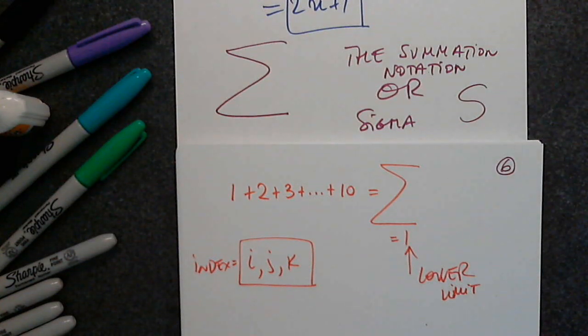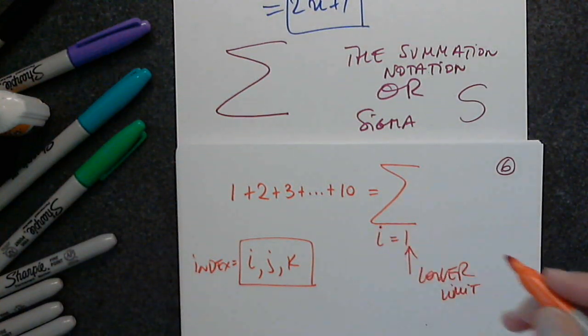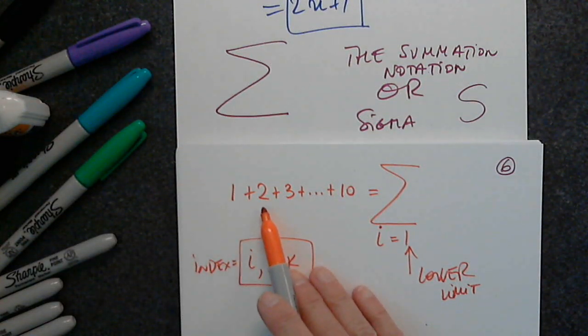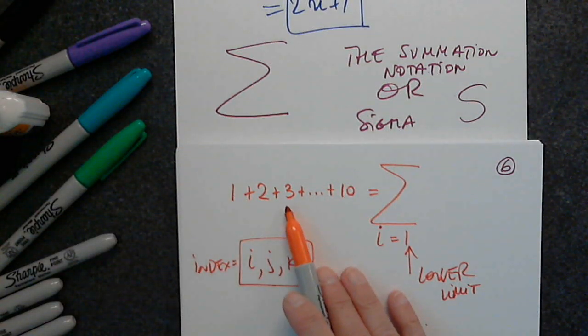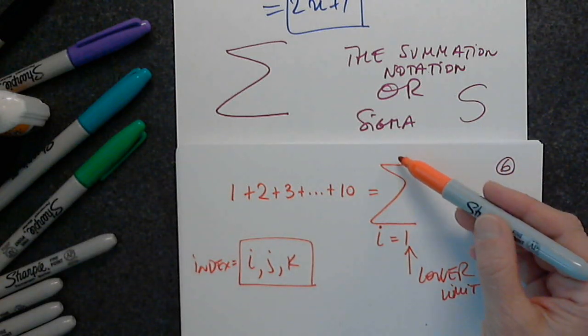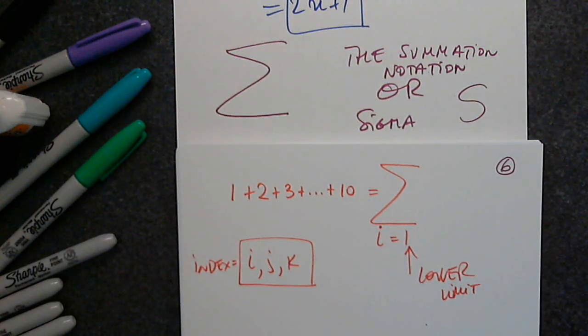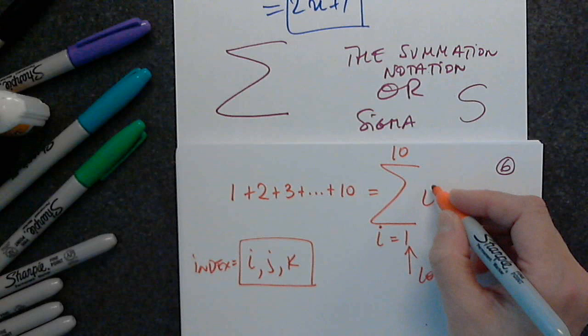What does this mean? From I equals 1, from the first term, when I is 2, I get the second term. When I is 3, I get the third term. Till what? What is the upper limit? How far do I go? From I equals 1 till 10.